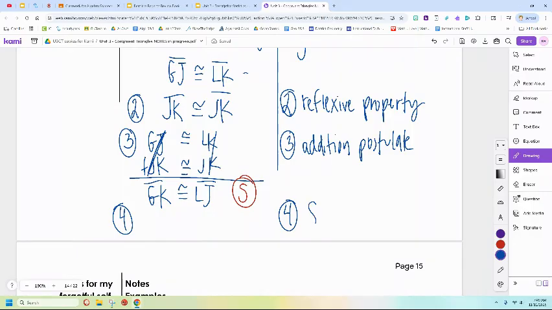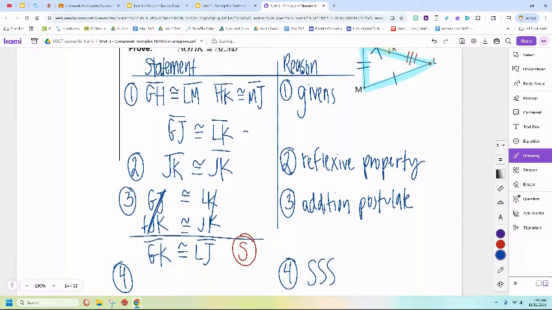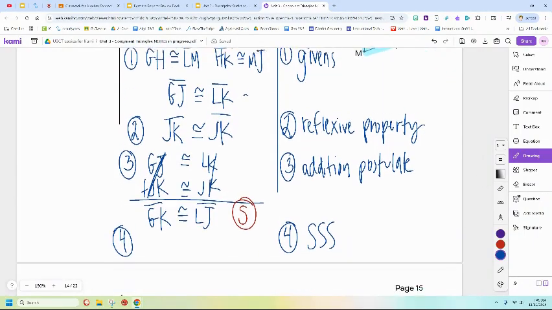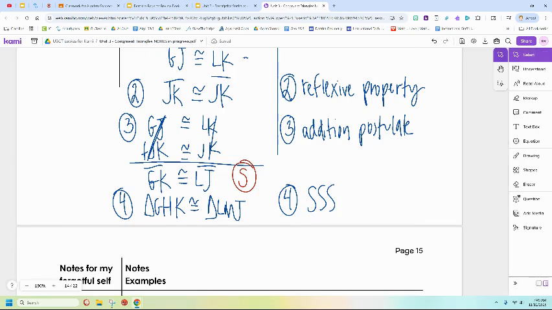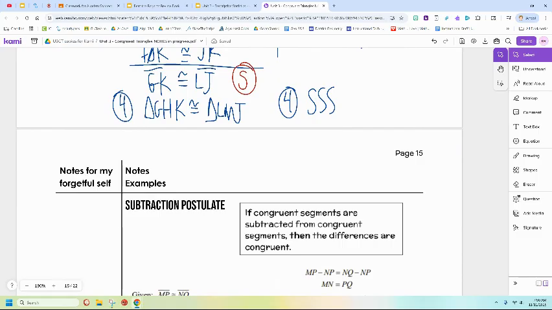So by side, side, side, triangle GHK is congruent to triangle LMJ. All right, so that's an example of the addition postulate.